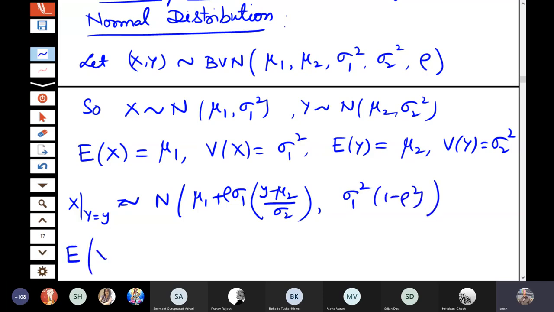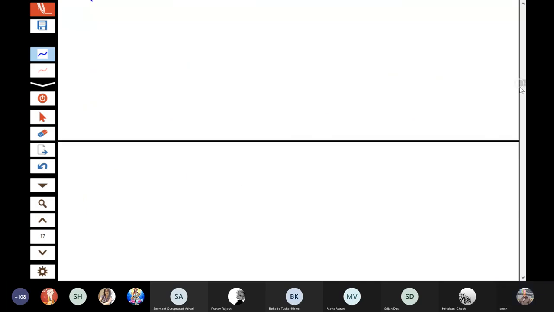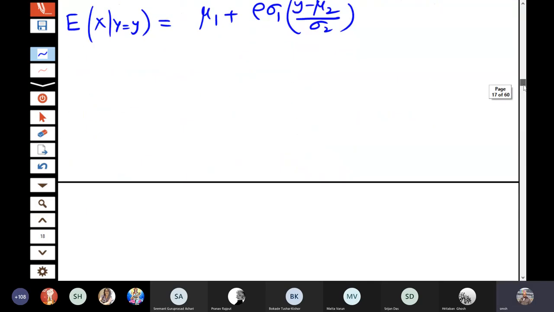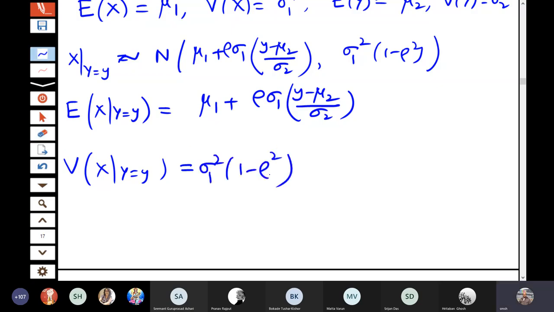Then the expectation of x given y is mu1 plus rho sigma1 (y minus mu2) by sigma2, and the variance of x given y is sigma1 square (1 minus rho square).